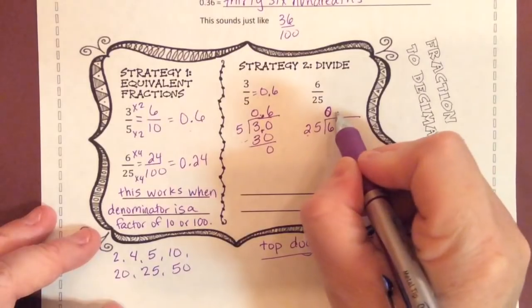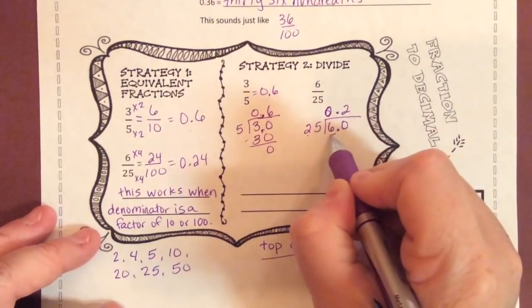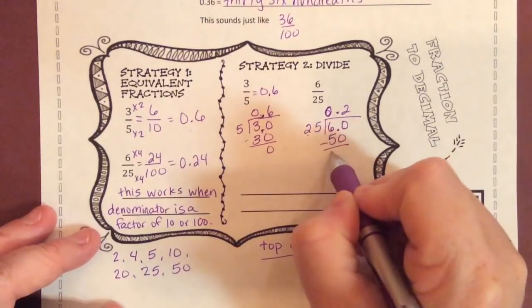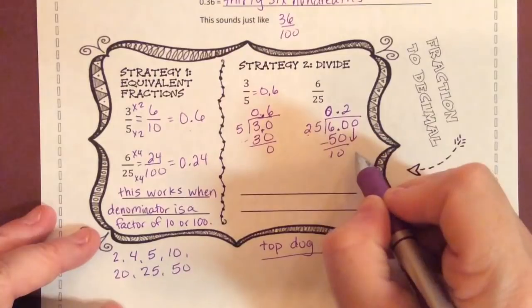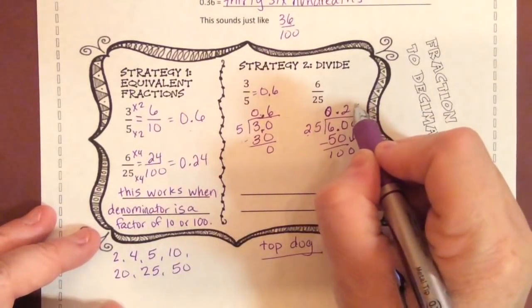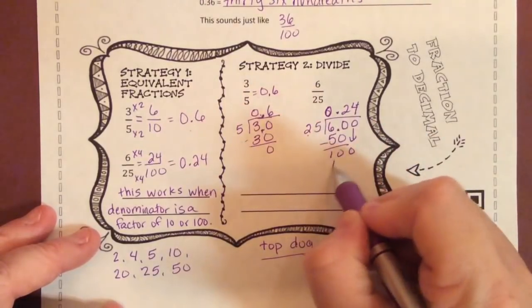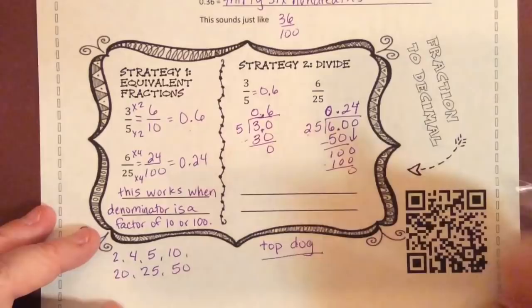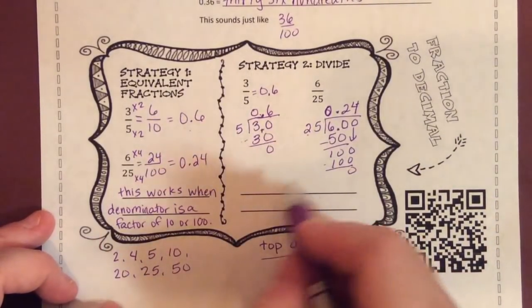Okay, so once I add my decimal, I add a 0 here. 25 times 2 is 50, and I subtract and get a 10. I'm going to add another 0 over here. Okay, so 25 now goes into 100 4 times. 25 times 4 is 100. Okay, and I'm going to write right here, numerator divided by denominator.